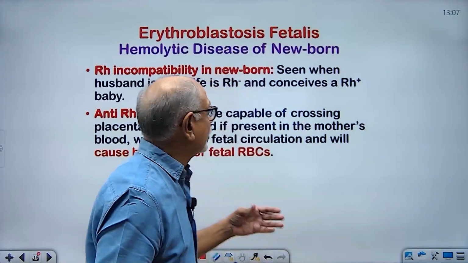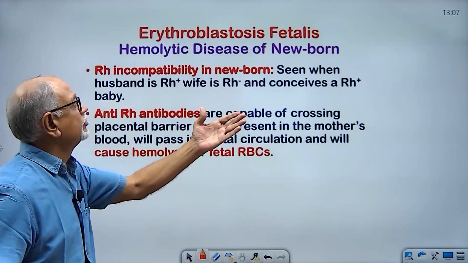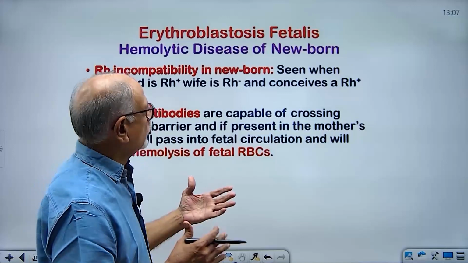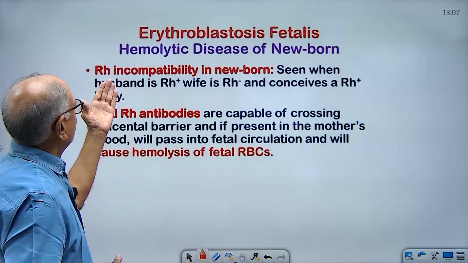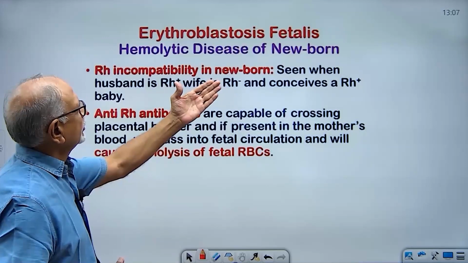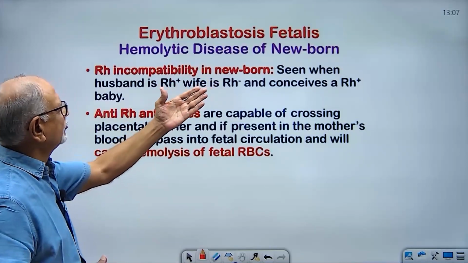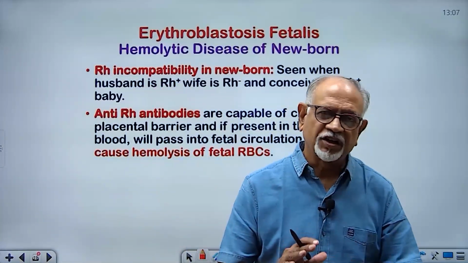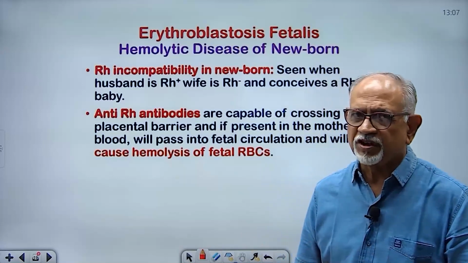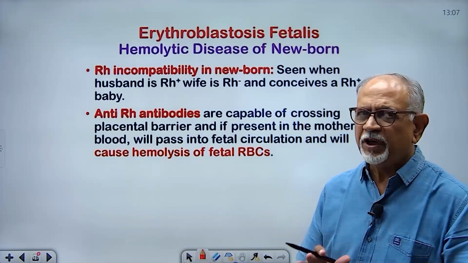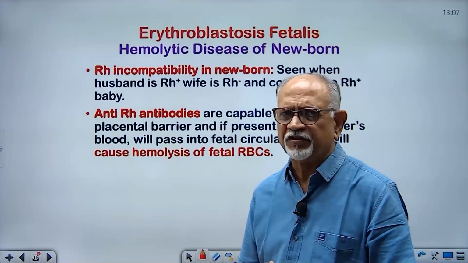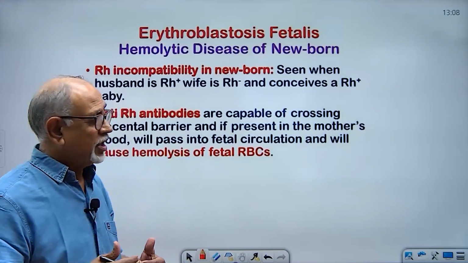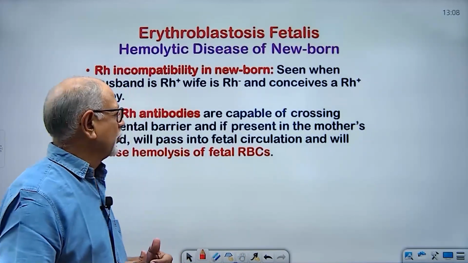It is also called hemolytic disease of the newborn. That is, hemolysis occurs in the newborn. When there is Rh incompatibility in the newborn, it is called erythroblastosis fetalis. It is seen when the husband is Rh positive and the wife is Rh negative. As I just mentioned, in that case, there is at least a 50% possibility that she may have conceived a Rh positive embryo.